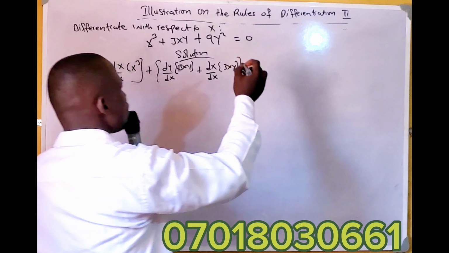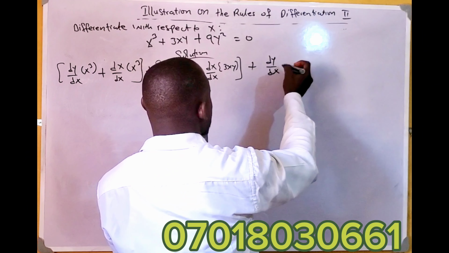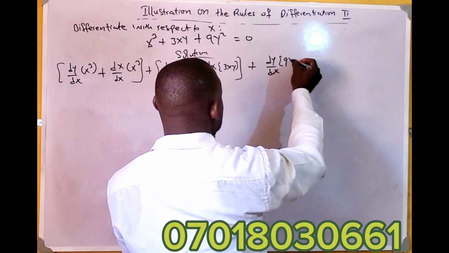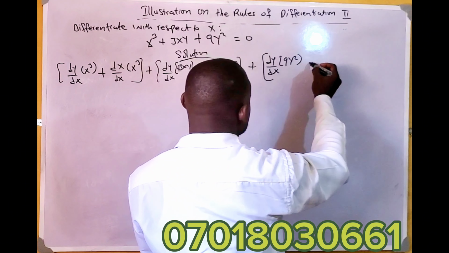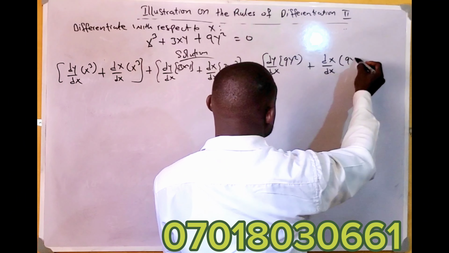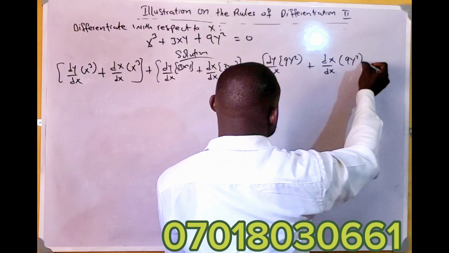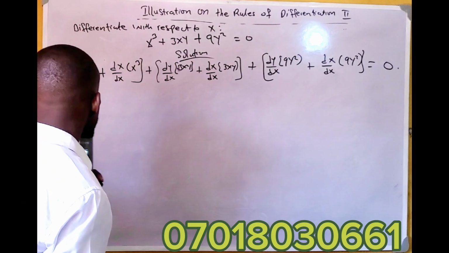I believe you are getting it. We are going to add it to dy/dx of 9y square, and we add it to dx/ds of 9y square. Everything equals to 0.